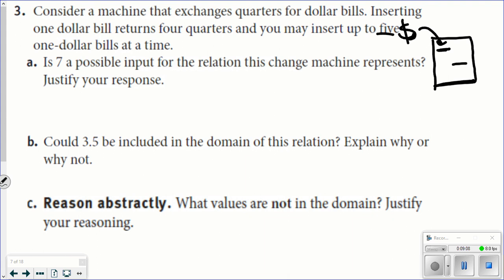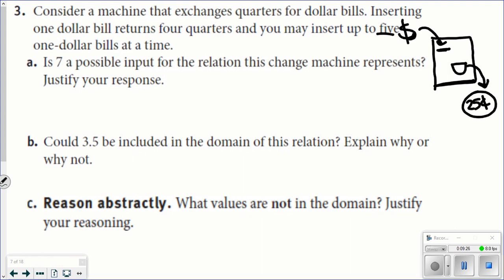Then what I receive out is your quarters, 25 cents, right?